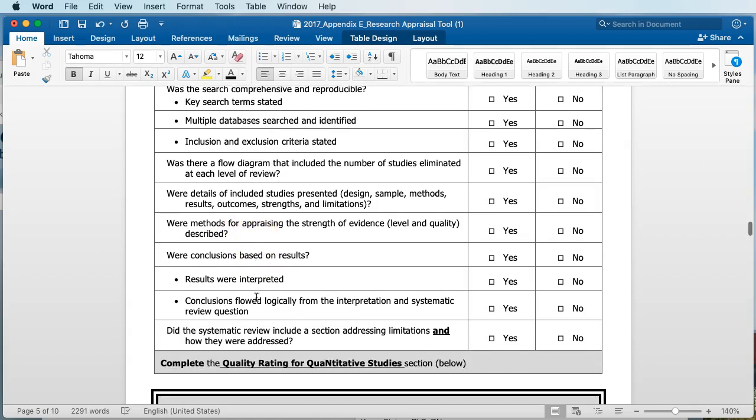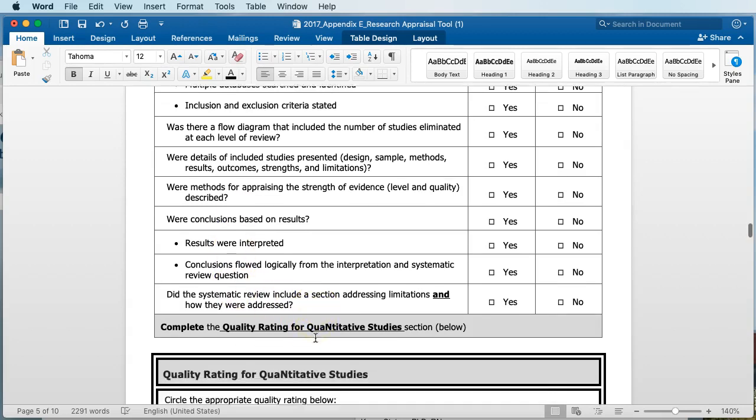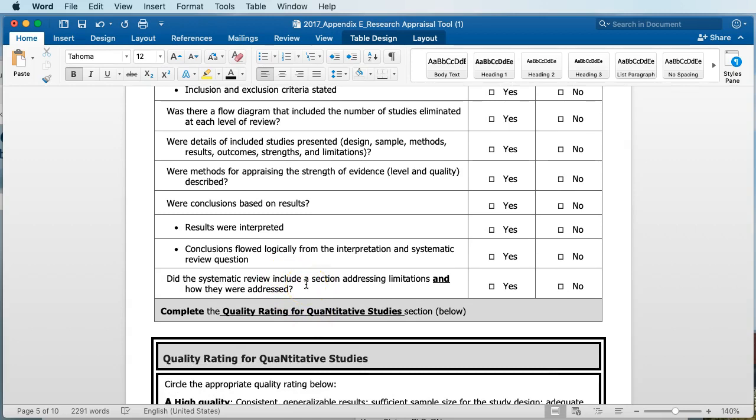You want to know how they appraise the strength of the evidence, so they should be providing you with that information. And then just like in any other research, whatever they concluded, was it based on the information that was there? Was it logical? And did they include a section around limitations and how they address the limitations?